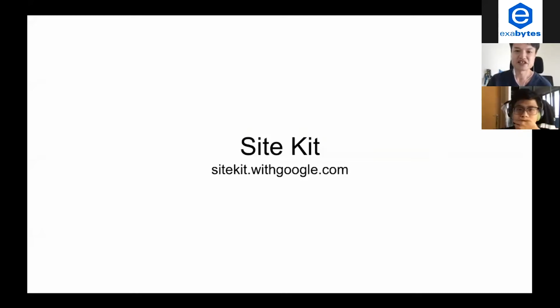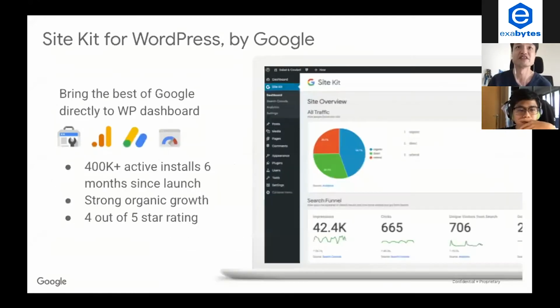Right, Site Kit is Google's official plugin for WordPress. This is a free plugin, and you can pretty much install it directly from WordPress or via Exabytes hosting services.